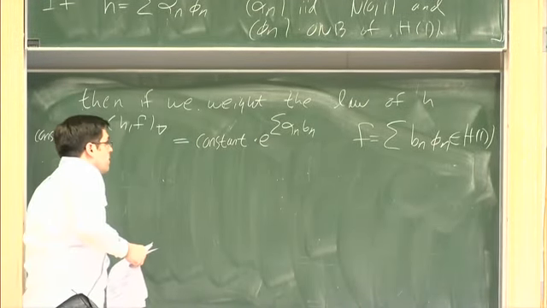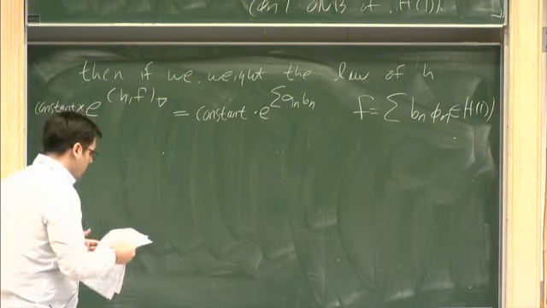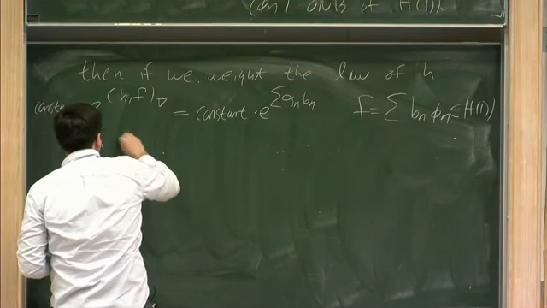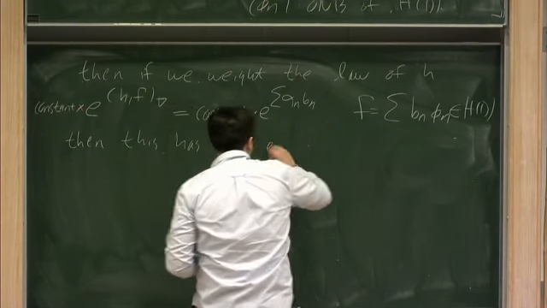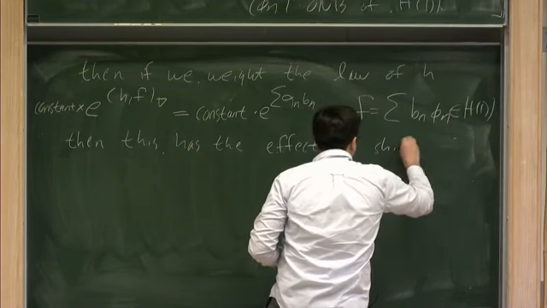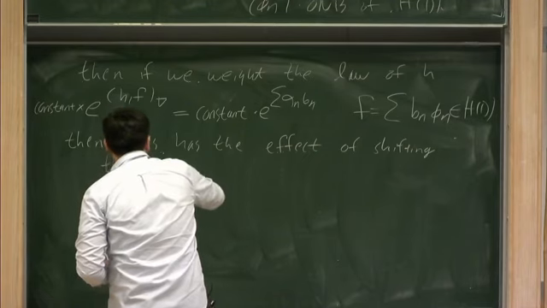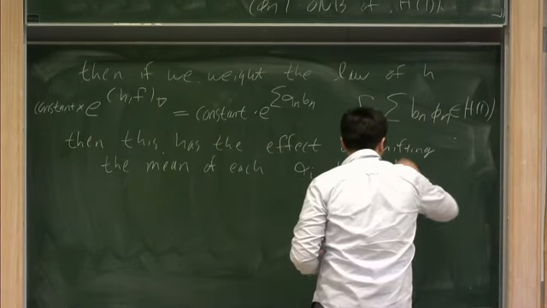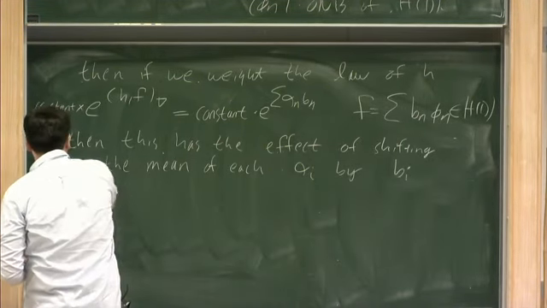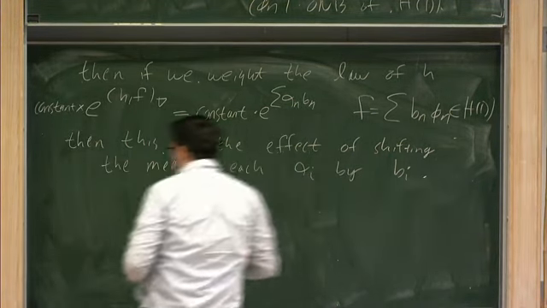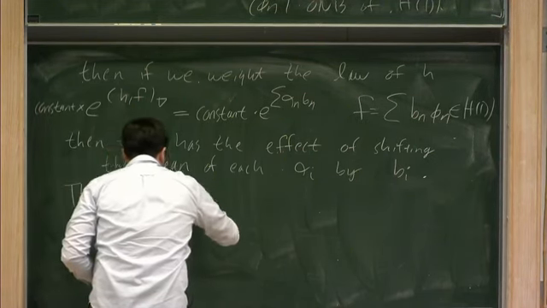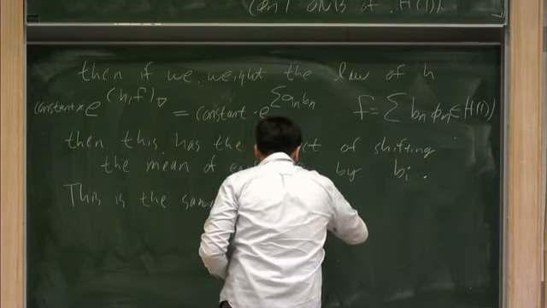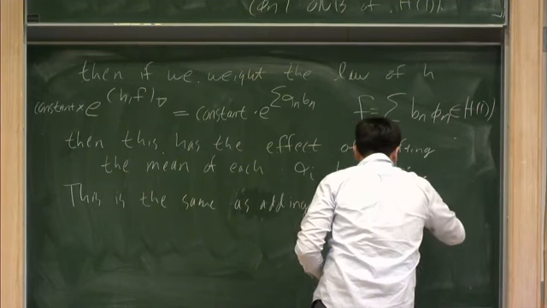And so just applying the fact that we just looked at above, we see that this has the effect of shifting the mean of each alpha i by b i, and this is the same thing as, this is equivalent to, just adding f to h.